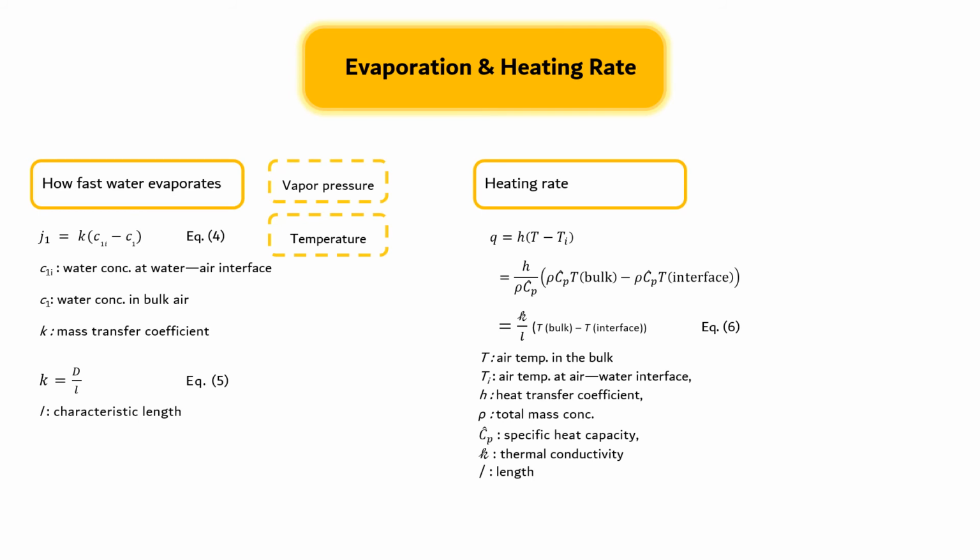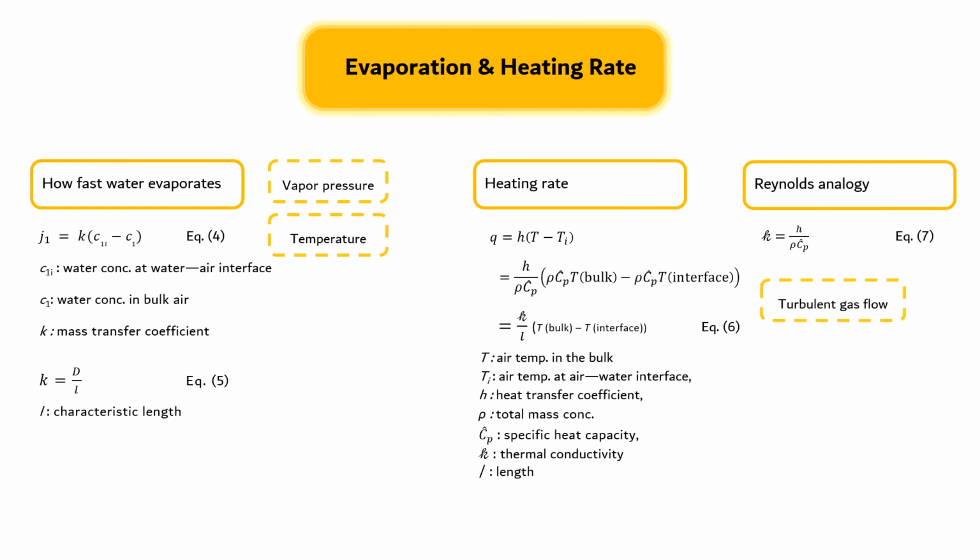In some drying processes, equations 4 to 6 can be simplified as the Reynolds analogy, as shown in equation 7. The Reynolds analogy is accurate only for gases in turbulent flow, which is the common case for drying.